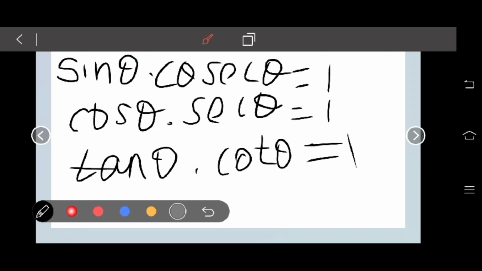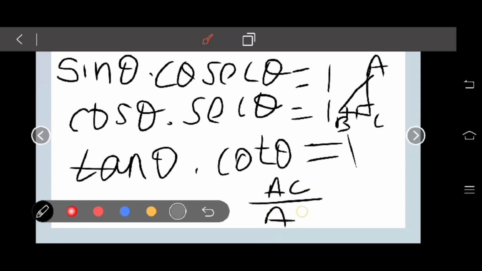If you want to prove it, let me take one example. In this right angle triangle A, B and C, let's say theta forms near B. So sine theta is opposite, that means AC by AB.